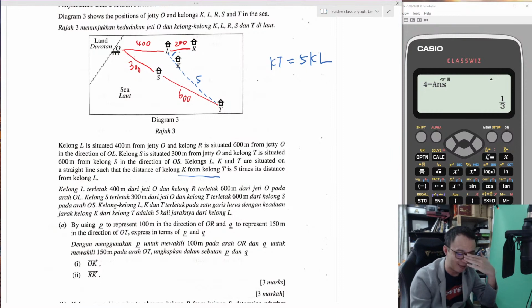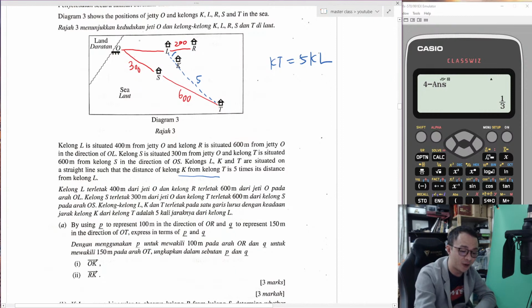This vector question is damn long. Then by using p to represent 100 meters in the OR direction, 400 I will change to 4p in this direction, and 200 I will change to 2p in this direction.